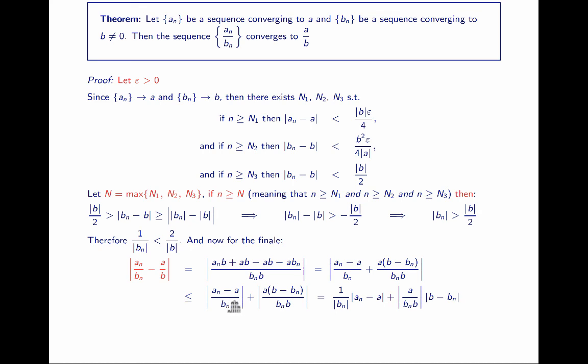I factor out everything but the a_n minus a and the b minus b_n. I use the fact that this is bounded above by 2 over the absolute value of b. I use that here and here to get this. And then I use the bound for this and the bound for this taken from these two steps to replace them here and here. That gives me this strict less than.